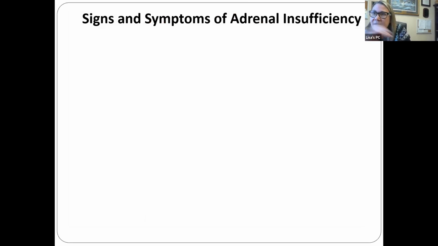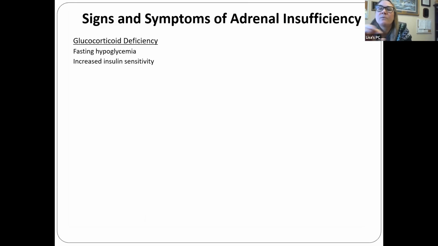So just basics of adrenal insufficiency symptoms before we get into a differential diagnosis. With glucocorticoid deficiency, because that does act to raise blood sugar, if you're deficient in cortisol, insulin is less opposed. So you can see hypoglycemia or increased insulin sensitivity.